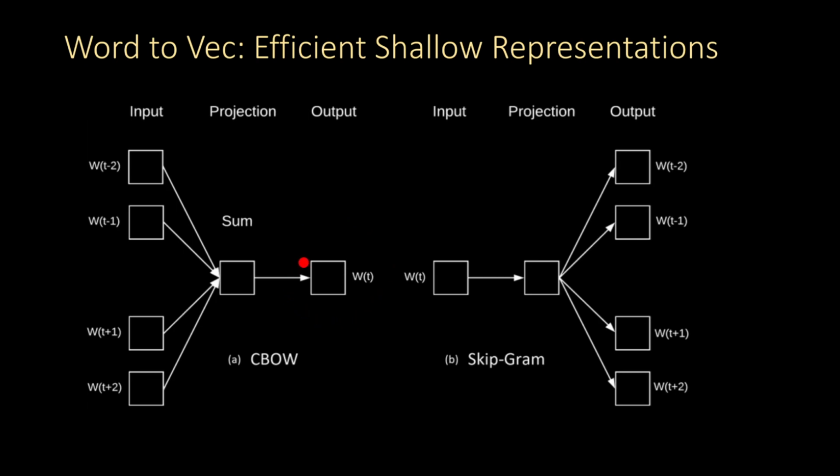But what about negative instances that are also required for learning? For that, the algorithms use noise contrastive estimation, where you sample from other words that do not occur in the context and feed them in as negative instances.